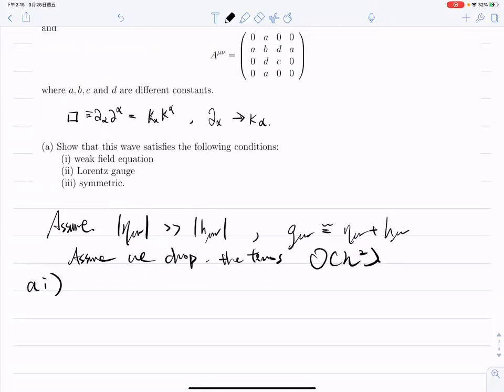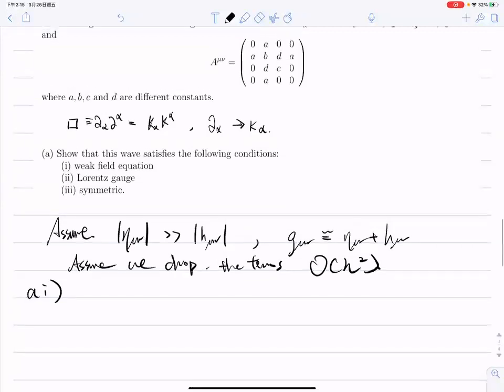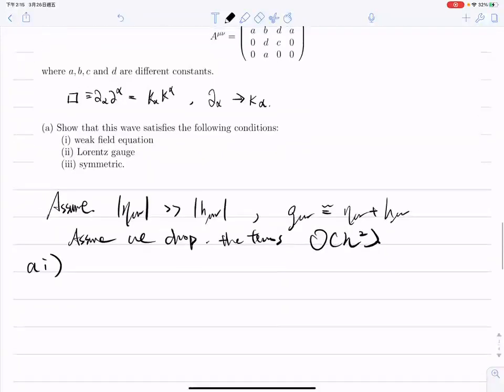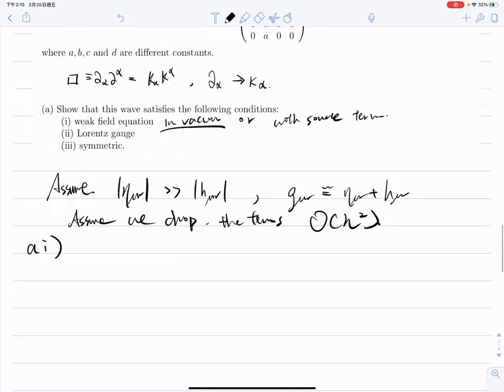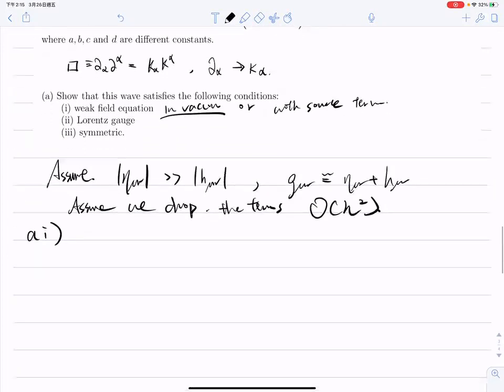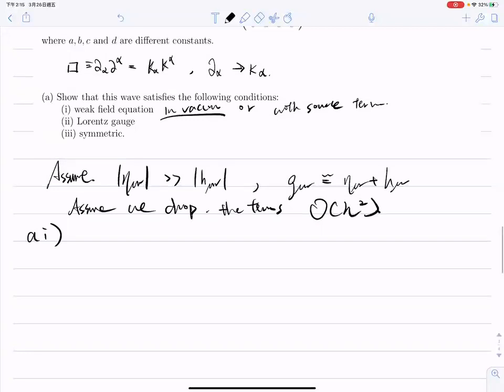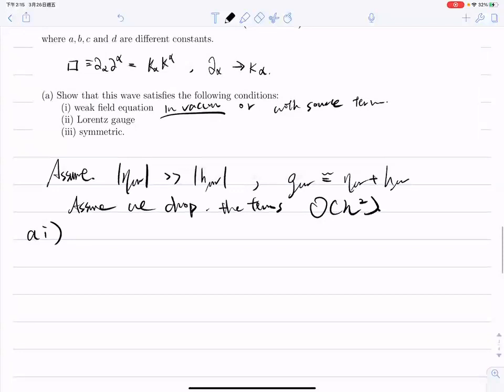If you are careful, you may ask whether it is in a vacuum or with a source term. I haven't typed it in order to let you ask me, but no one asked. It's okay. I assume here the weak field equation occurs in vacuum. We calculate the gravitational wave in vacuum.